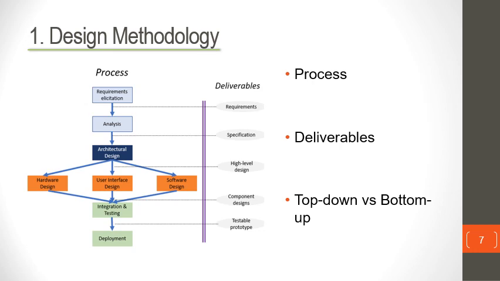The first of these steps would be requirements gathering, or requirements elicitation, as indicated. During this process, the design team will gather requirements of the system that needs to be designed, and at the end of that process, the design team will have a comprehensive list or documentation of the requirements.